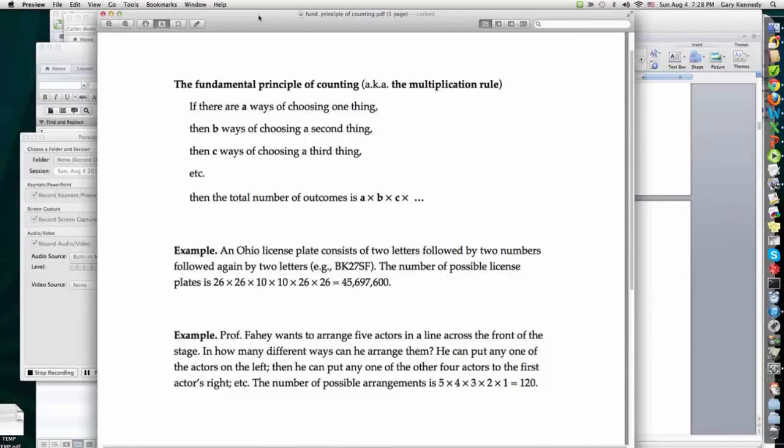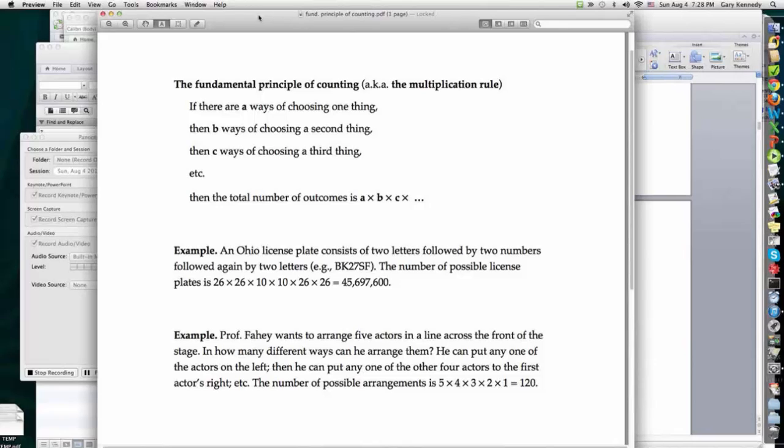So it involves multiplication, and for that reason, it's often called the multiplication rule. You can use this in any counting situation where you can structure the problem in the way that I've just said, making a first choice and a second choice and a third choice, where it's always true that the number of options you have is determined by where you are in the process.